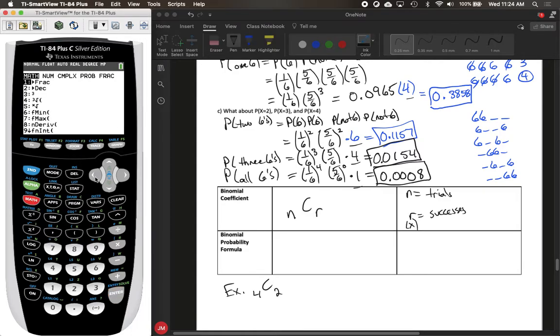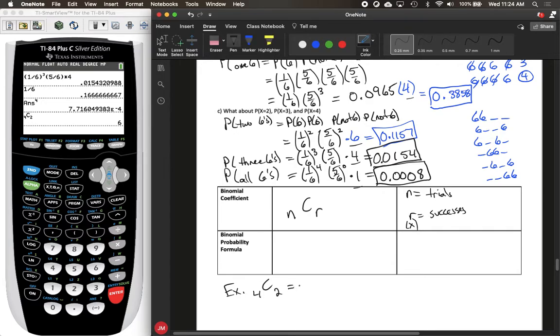It's under the Math button, and then under Probability, option number 3 will say nCr. From there, you'll type in the 2 numbers that you want, so that would be 4, and then choose 2. Often we read this as 4 choose 2, and that tells us that there are 6 ways to arrange 2 successes in 4 trials. That's nice, especially when you get to larger things.